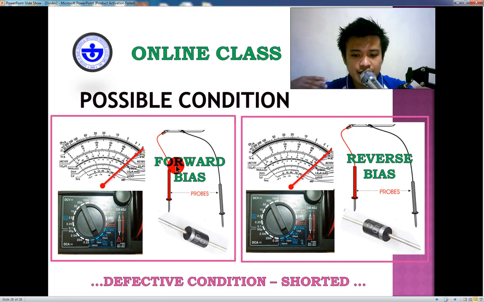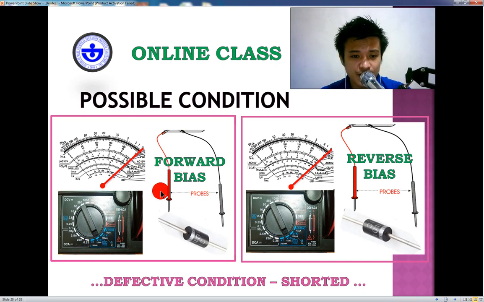Now, as a conclusion, your diode is in good condition when it has different readings from forward bias and reverse bias. If it has the same reading on forward and reverse bias, then that is considered already defective.